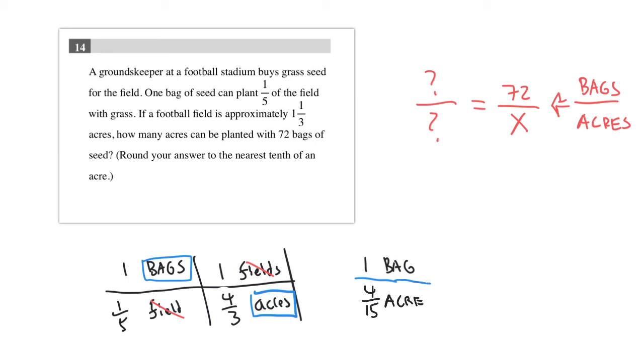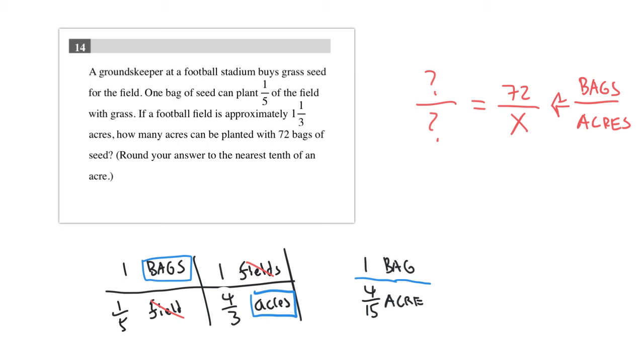Now that's a weird situation, I understand, because it's like 1 over a fraction. Okay, fine, I guess. But the good news is it's true. That's the good news is, even if it's weird, it's still true. Basically, what we've learned is that if you had 1 bag of seed, you could plant 4/15 of an acre. That's what we learned.